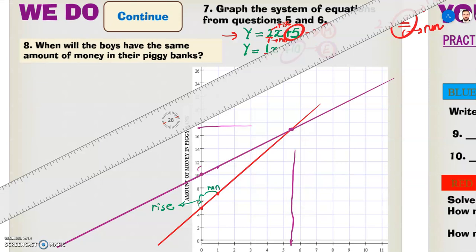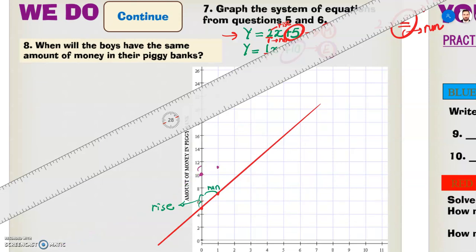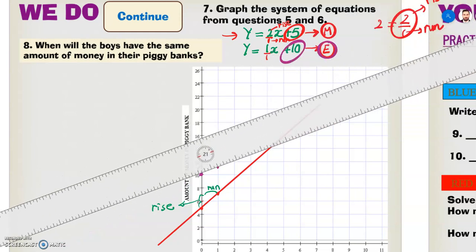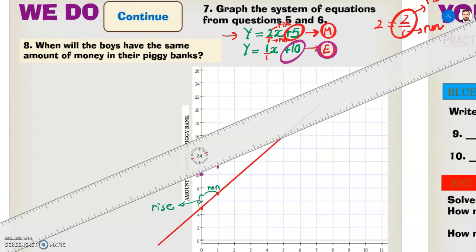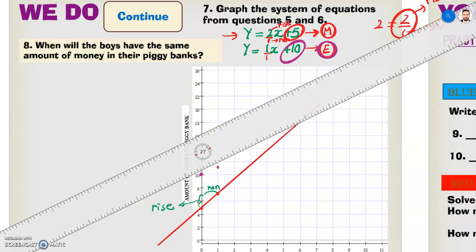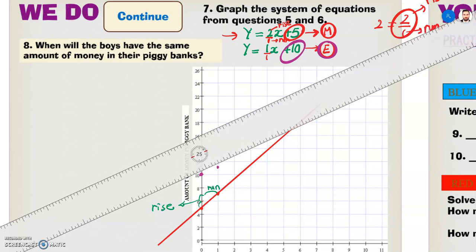Let's draw it again, these 2 points, with a ruler.